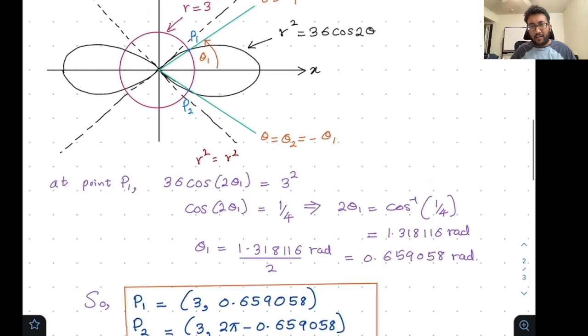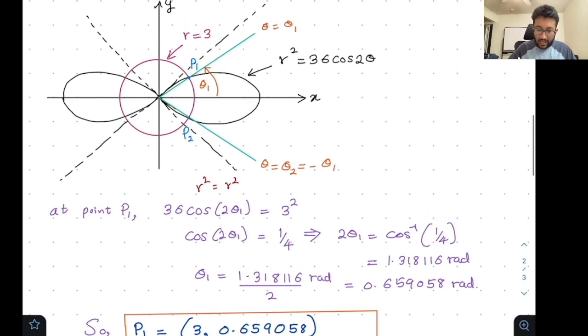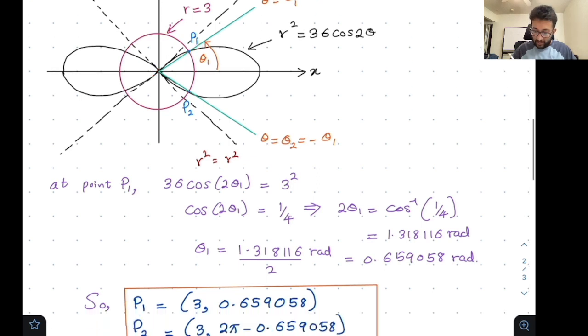Now you know theta 1, right? Now you know the angle of point P1, and also we know the distance also, right? Because point P1 is lying on a circle whose radius is 3. Therefore, the distance between origin and my point P1 is going to be equal to 3, right?